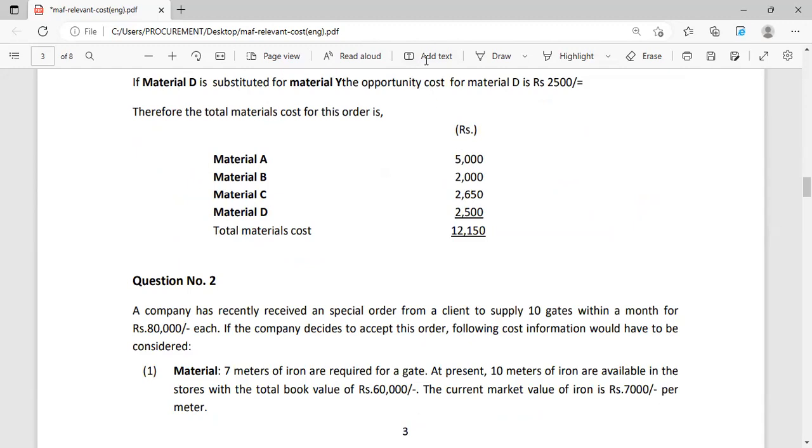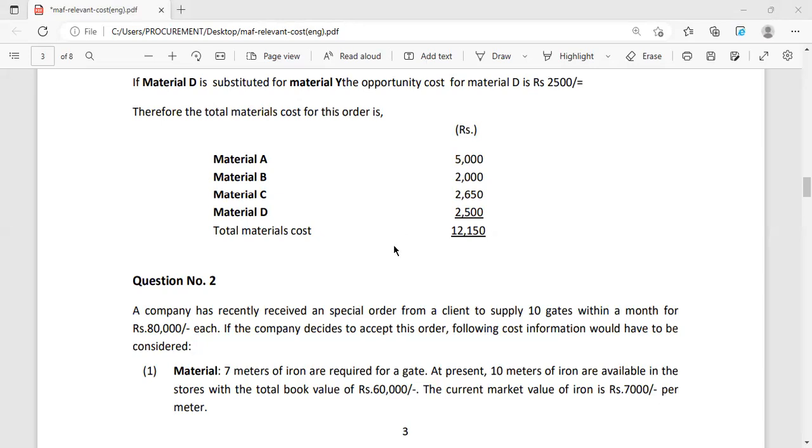Someone is asking a question. From material C, why do they have to sell 400 units, when they are in need of 750? Are they not meant to buy the extra 350 to add up to it? Okay, I will explain that again then.